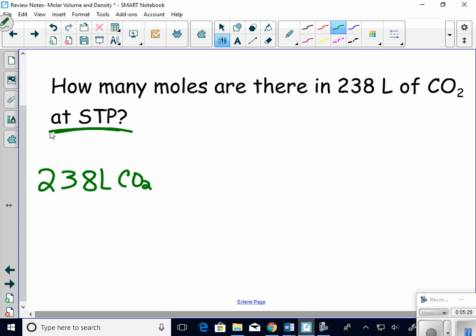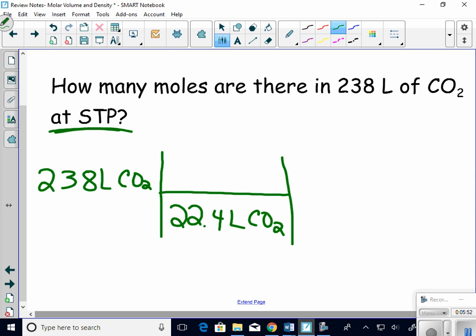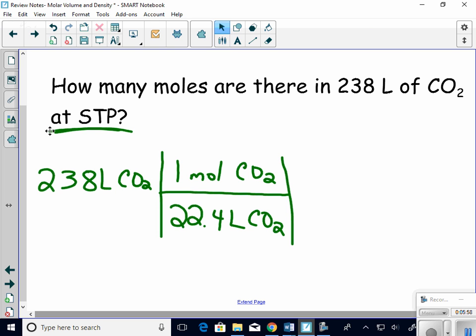Now, when I do my conversion to moles, I put together my conversion box. What do I want to cancel on the bottom? What label? Liters, right? So in my factor label method, I know that I need 22.4 liters of carbon dioxide on the bottom. That is equivalent to 1 mole of carbon dioxide.